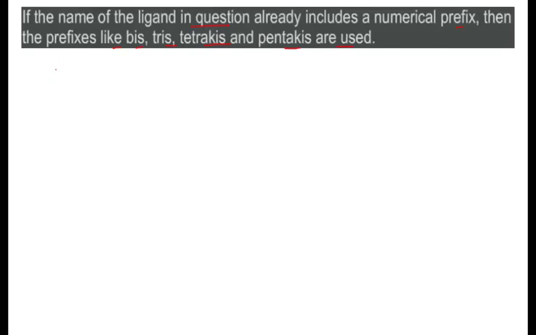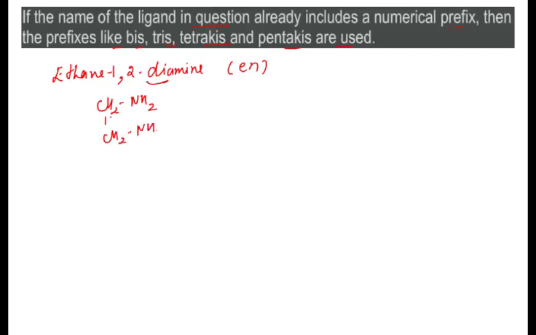For example, ethane-1,2-diamine. This is abbreviated as en. So ethane-1,2-diamine is there. This di term is already within the name of that species, and its formula is CH2NH2, CH2NH2.